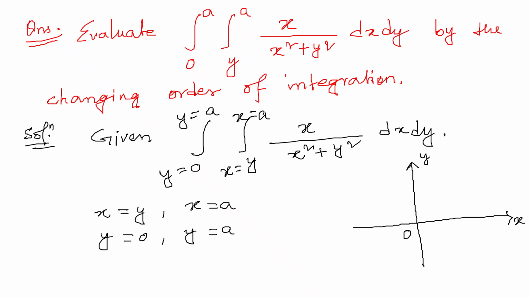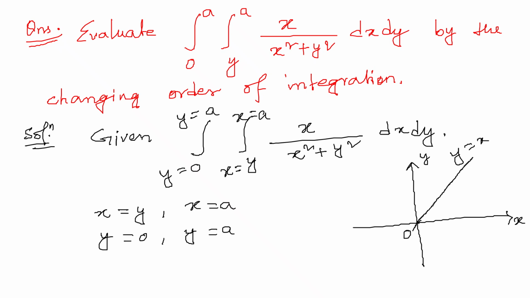First of all, x is equal to y. It is a well-known equation of a straight line which is passing through the origin, and the angle is 45 degrees. So y is equal to x. This is the equation of the straight line. Okay, so you can draw the negative side also. And another is x is equal to a.